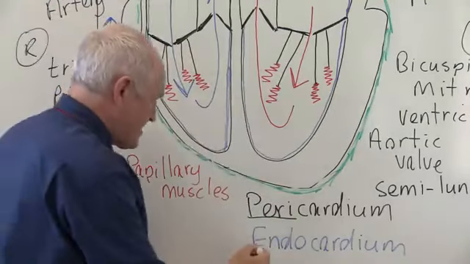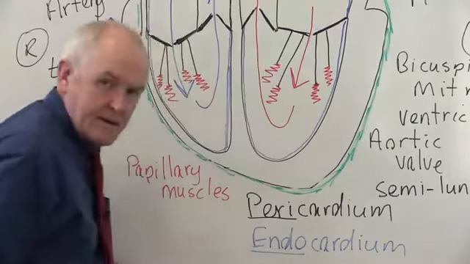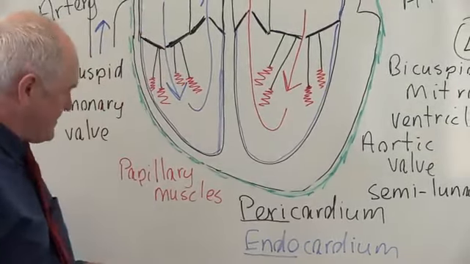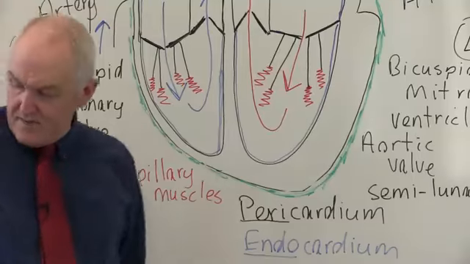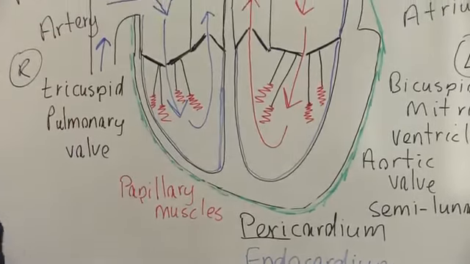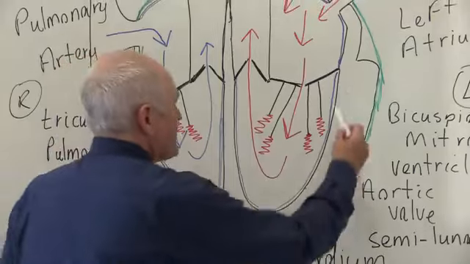Endo means in. The endocardium is this inner layer of the heart. And of course, as you'll see, this has left out the thick muscular layer in the middle.